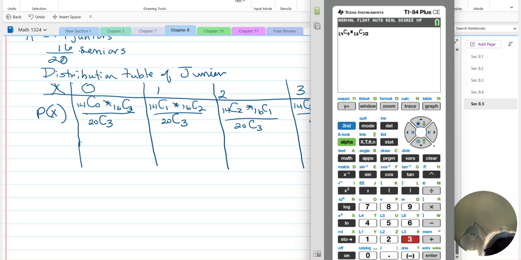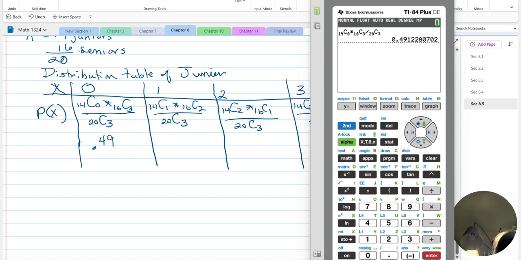Side arrow. And we're dividing by 30, math, PROB, number 3, and I'm doing 3. And enter, 0.138.